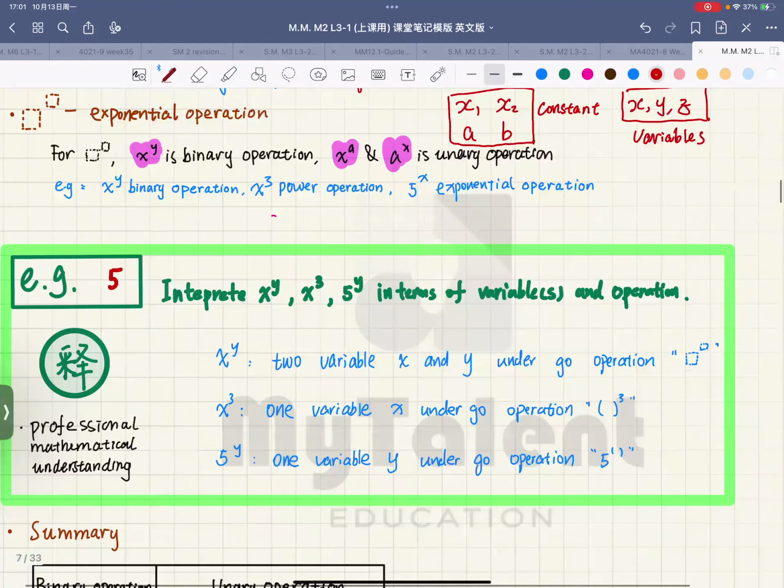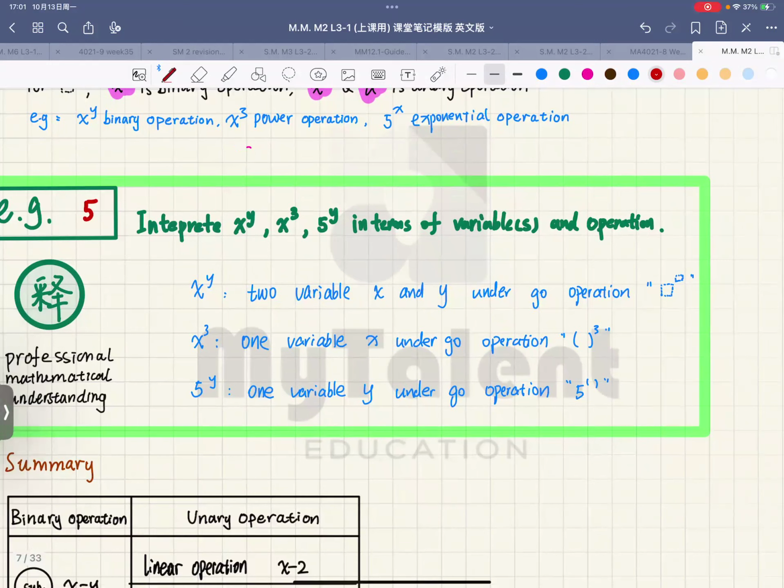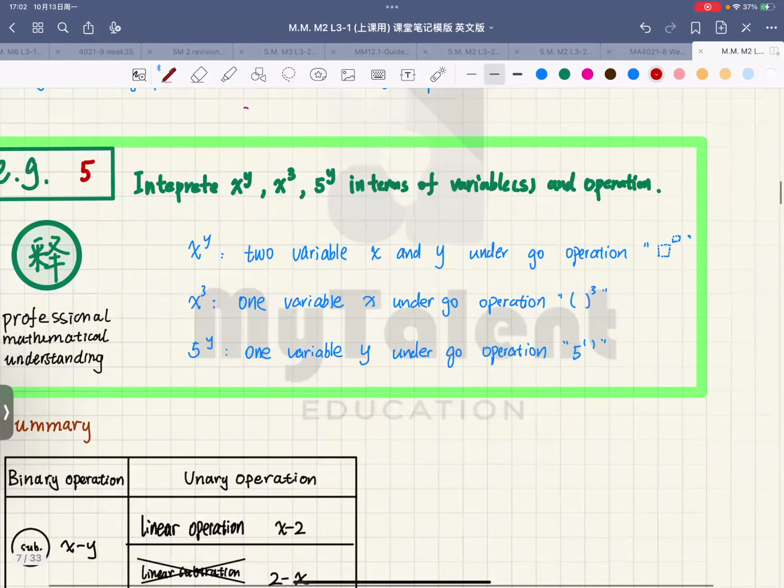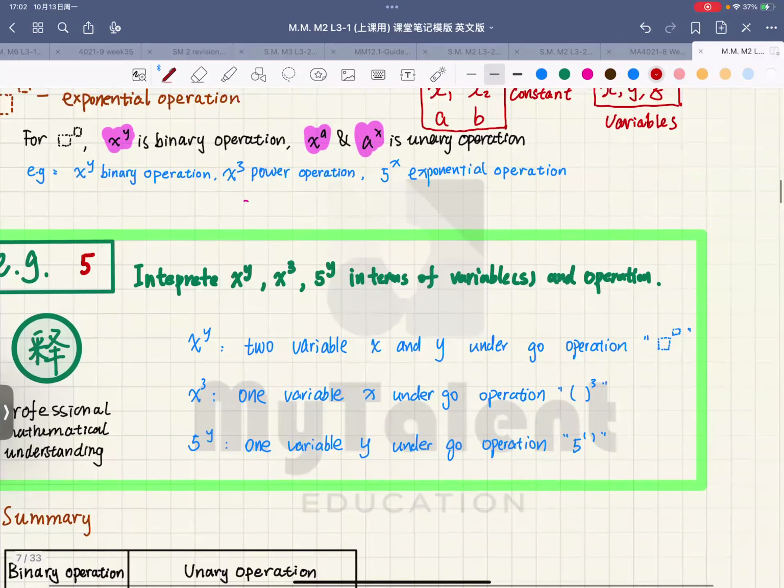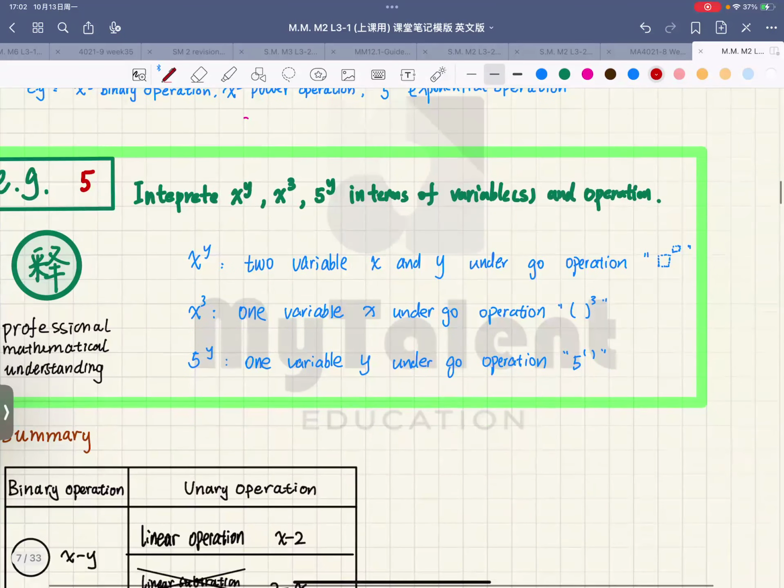All right, let's interpret this. x to the power of y, x to the power of 3, 3 to the power of y. Quick question. Which one is a binary operation? First one, second one, or third one? First one, very good, because the first one has two variables. The second and third have only one variable.